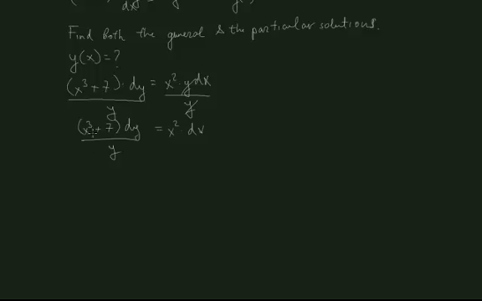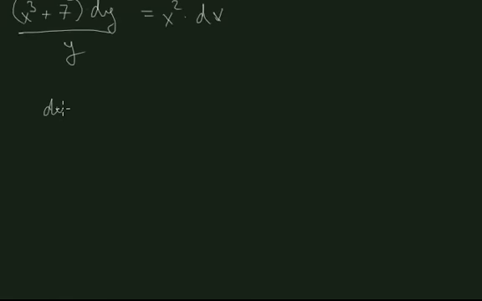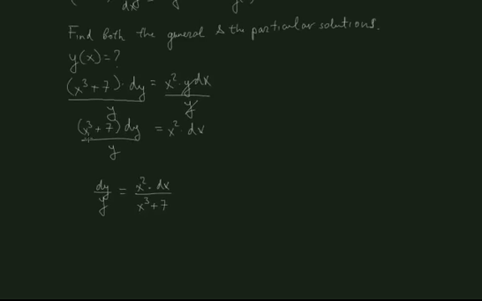So I have to remove this x cubed plus 7 from the left hand side, and it would look like this: dy over y equals x squared times dx over x cubed plus 7. You can see that I removed this x cubed plus 7 by dividing both sides by x cubed plus 7.